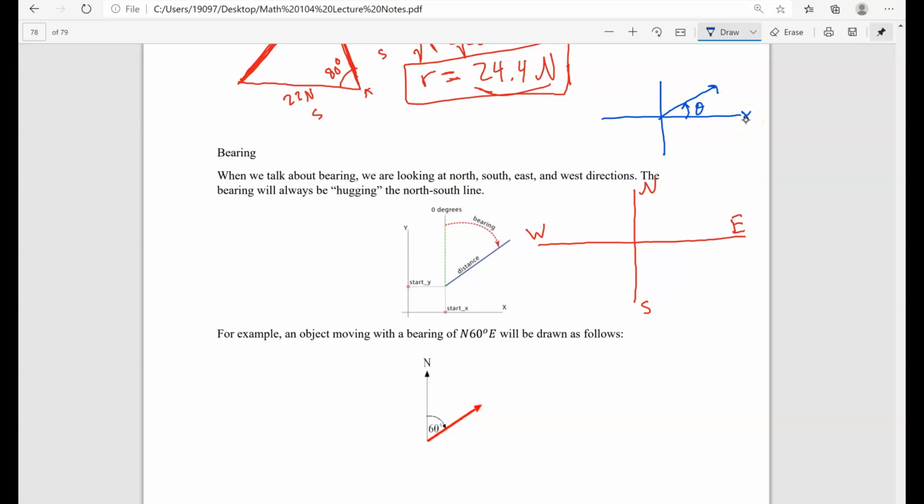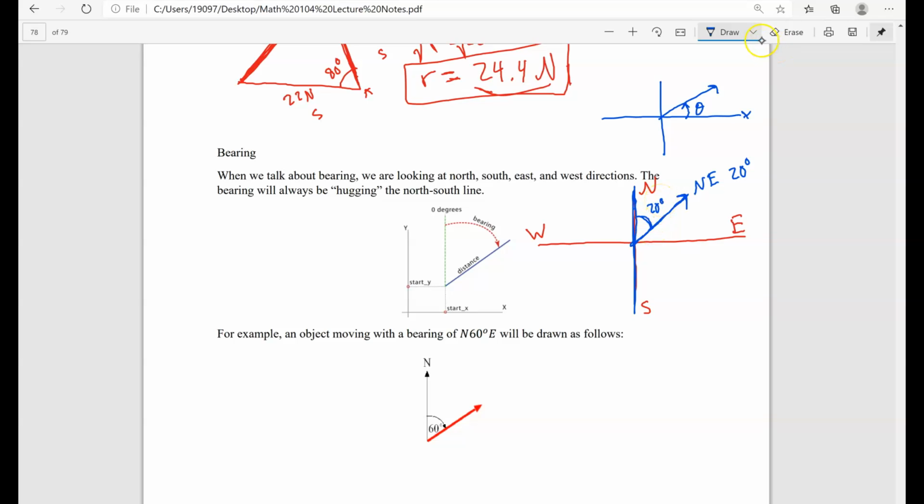But when we talk about bearing, bearing is going to be hugging the y-axis, or the north and south region. So if I have a vector going this way, this would be in the northeast direction. If I have an airplane that's flying in the northeast direction at a bearing of 20 degrees, what that means is that this guy is going to be 20 degrees.